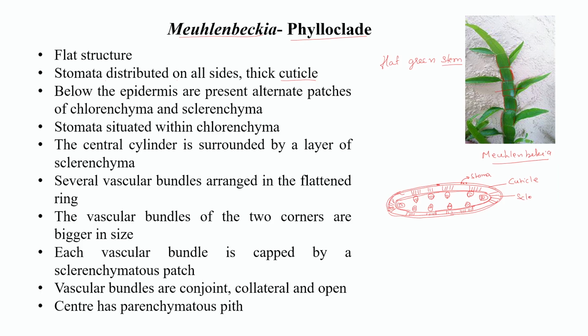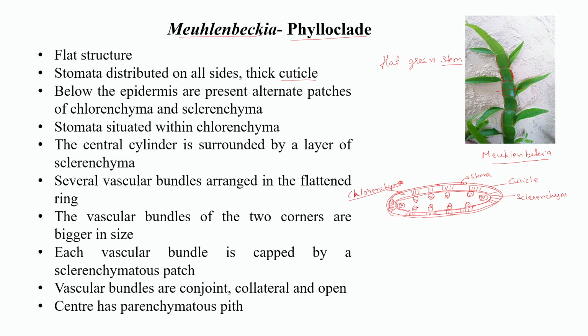This will be a sclerenchyma patch and this will be chlorenchyma. A lot of chlorenchyma will be there to perform photosynthesis, but it will be followed by a sclerenchymatous patch.